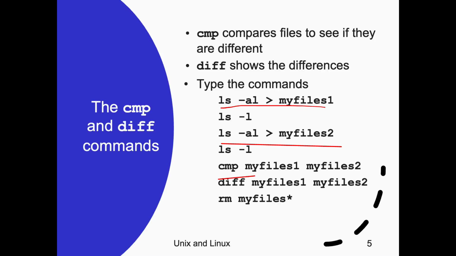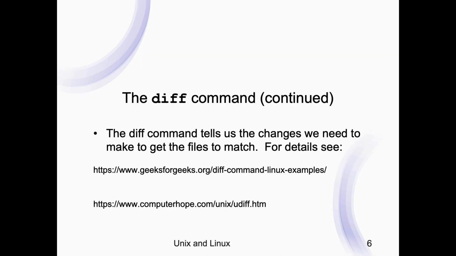Using cmp, it will show nothing if the files are identical, or it'll report the first byte or line that differs between the files. And then this diff output here uses a special notation, which I'll explain in the next slide. You can also clean things up with this command here, which will remove both of the test files using that wildcard right there.